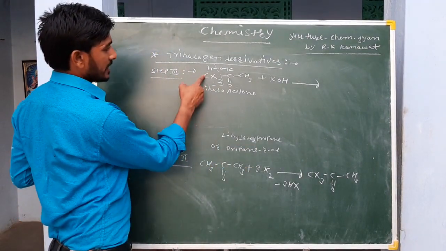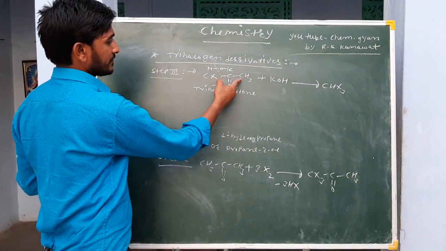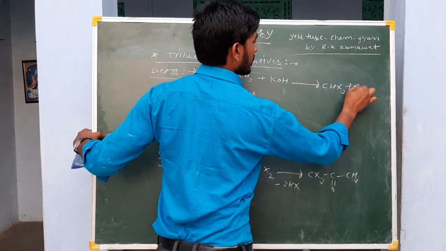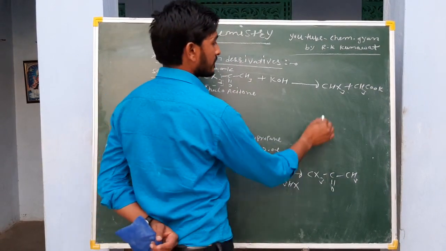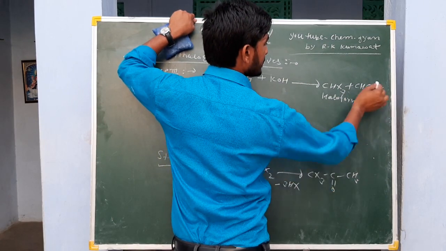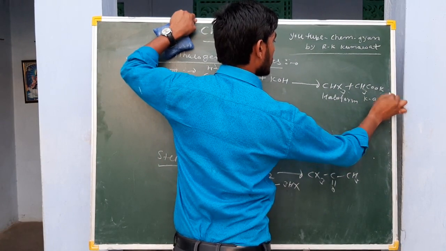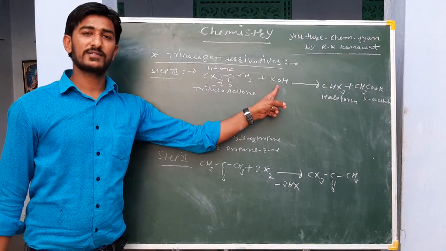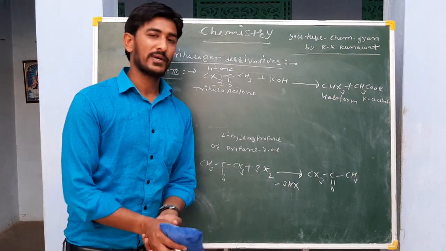Product formed is CHX3 and CH3COOK, which means haloform and potassium acetate. In this step, trihaloacetone reacts with potassium hydroxide, and the products formed are haloform and potassium acetate.